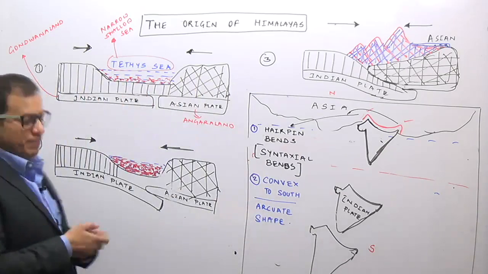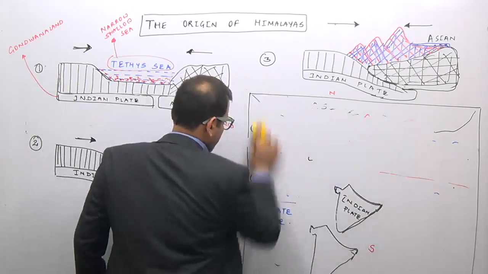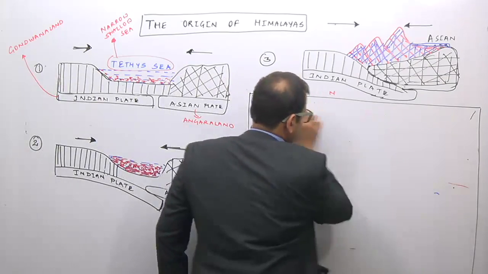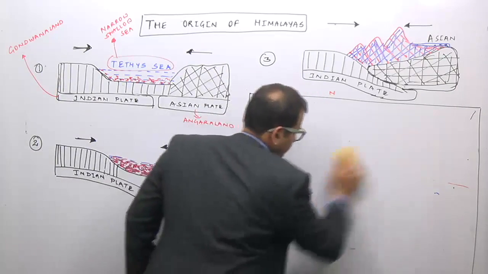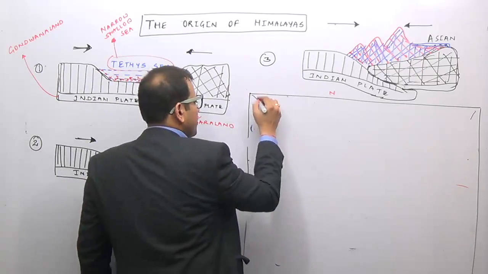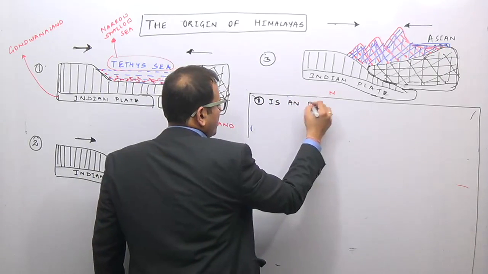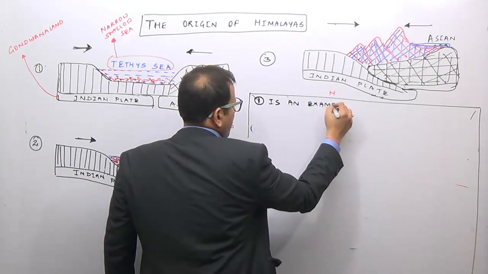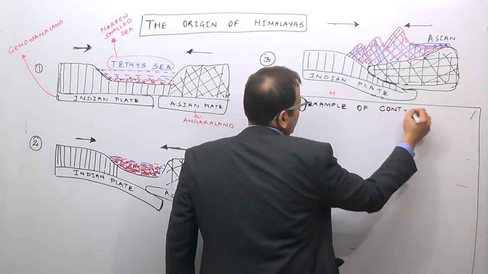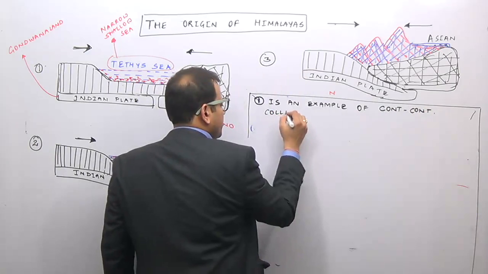So the origin of the Himalayas, now I will rub this. The Himalayas, we can say, are an example of continent-continent collision.